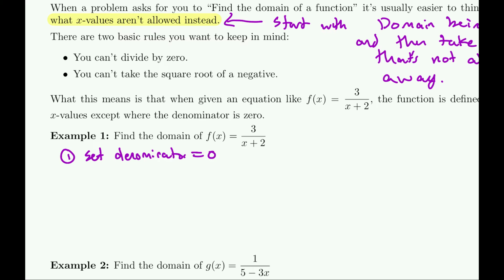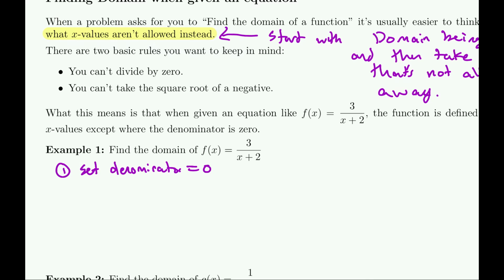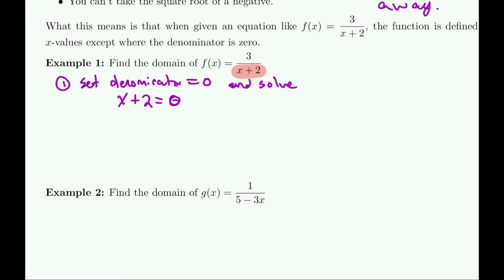So you take this denominator here, x plus 2, you set it equal to 0, and of course then you solve it. This is a very simple equation. Minus 2 from both sides, you get x equals -2.